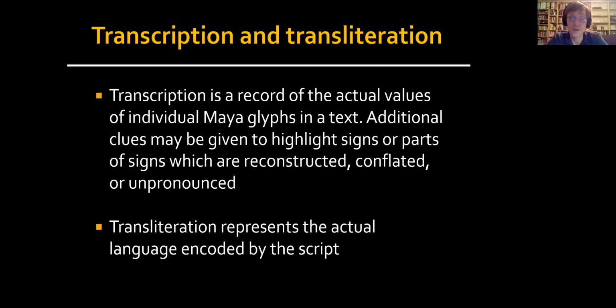So you have to transliterate from the Maya script to a modern script, and figure out what the outcome is. But then you have to translate to understand the words. That is basically the full interpretation at the base level. And then, of course, you can talk about meaning, significance and context, which are elements of textual analysis at a higher level.